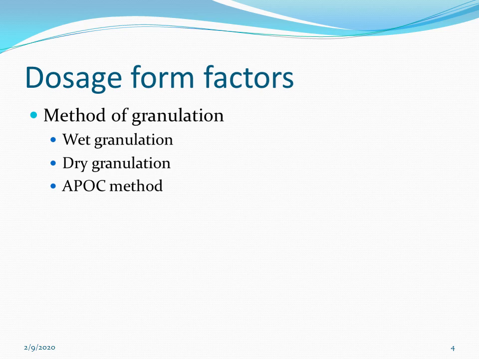In more than 80% of cases we use the wet granulation process. No doubt the number of steps involved in the processing is much more than that of dry granulation and the direct compression method.